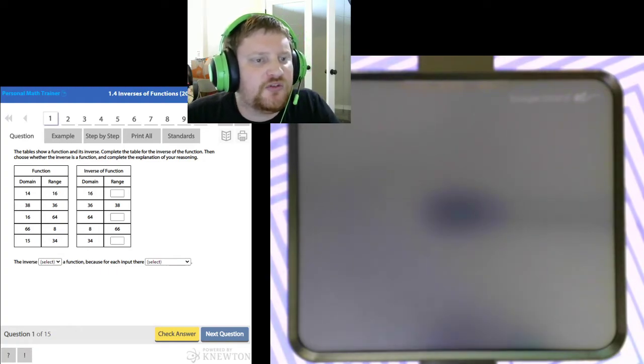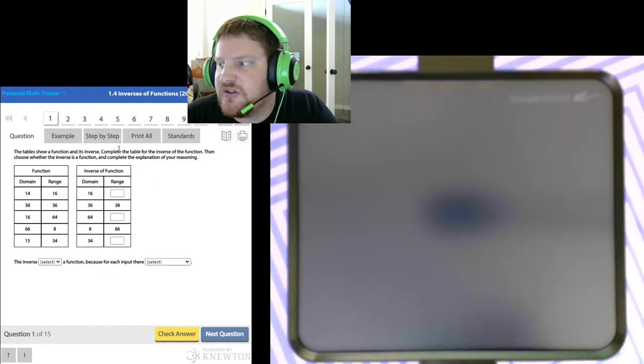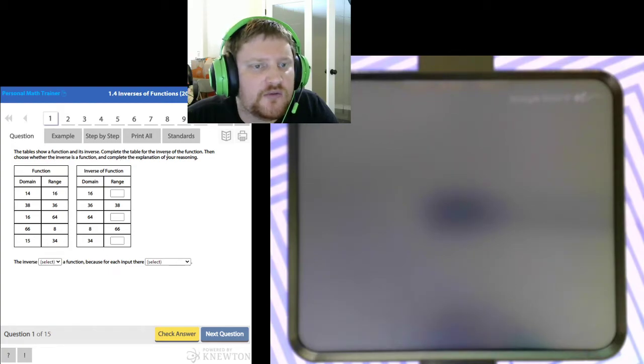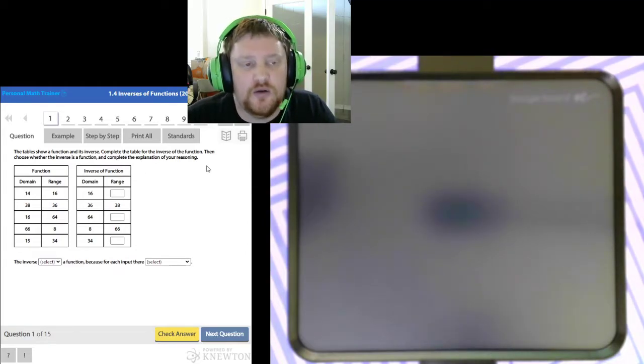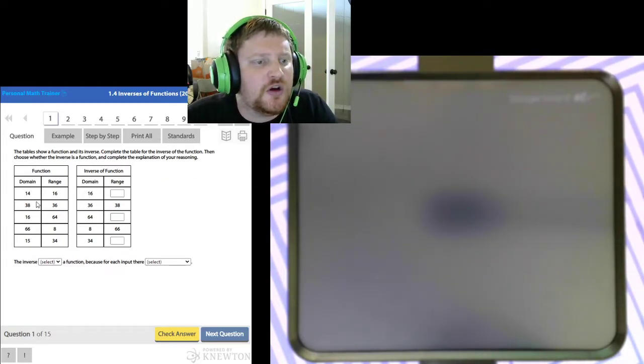The table shows a function and its inverse. Complete the table for the inverse of the function, then choose whether the inverse is a function and complete the explanation of your reasoning. So if my domain is 14 and my range is 16, if you see a table, you're just going to flip it.